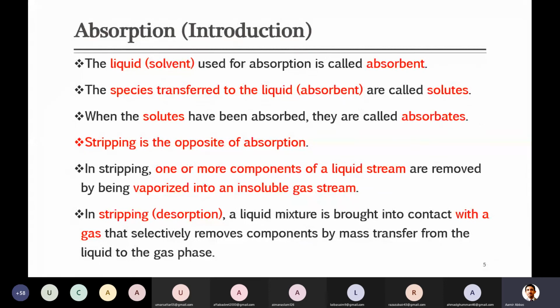In stripping or desorption, you bring the liquid mixture into contact with the gas, and that gas selectively removes some of the components from that liquid phase, not all the components. And here the purpose is to recover or regenerate the liquid so that it can be used again in the absorption column.